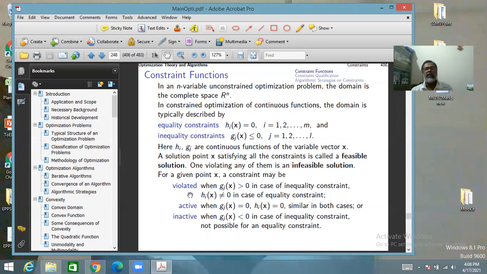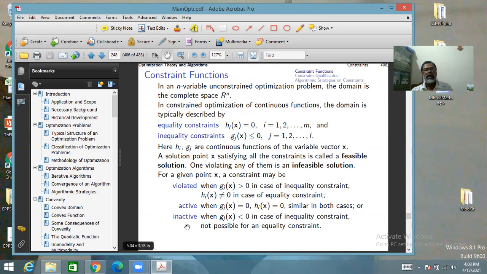And there are two ways of satisfying a constraint. A constraint is called active when this evaluates to 0, and this also evaluates to 0. So in that case, it is called active. An equality constraint, if satisfied, has to be active, because on both sides of this surface it will be violated. Just on it, it will be satisfied.